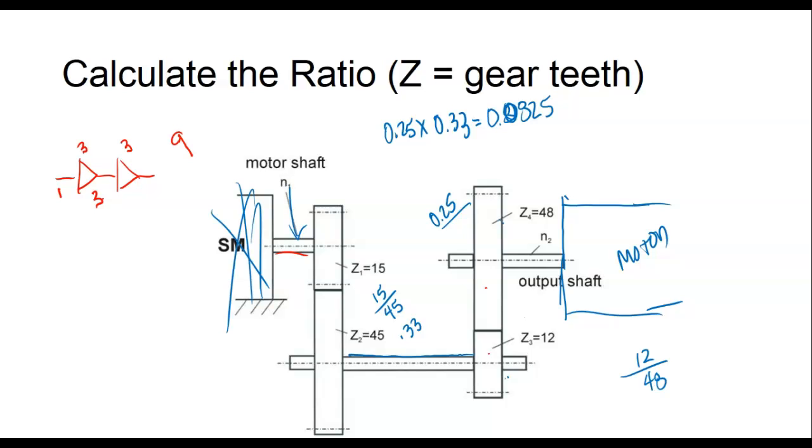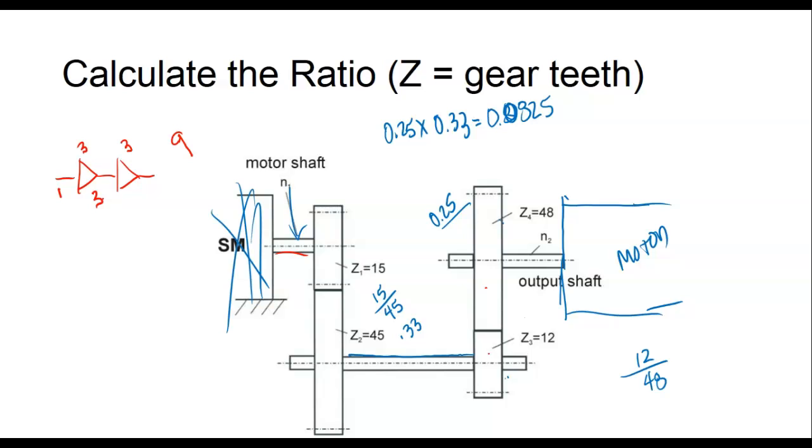But then when we take the reciprocal of that, that will give us our speed multiplier. 1 over 0.0825. So speed and torque are inversely proportional to each other. When you use this formula, what you're doing is calculating mechanical gain.